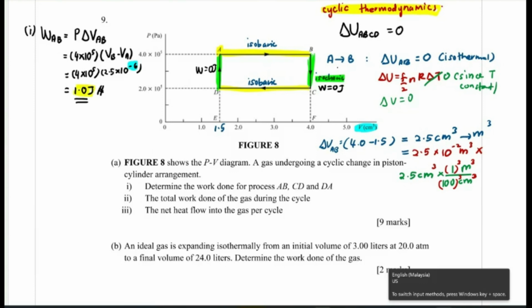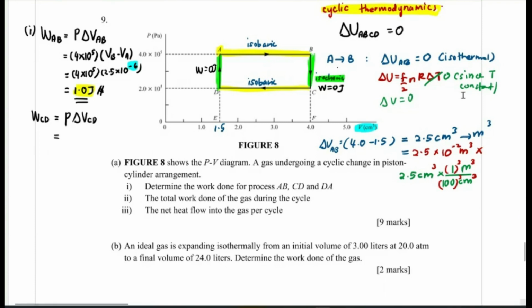And then we want to calculate for WCD. Sama juga isobaric. So pressure times VCD. Okay, awak tengok balik dekat sini. CD, D is the final volume. C is the initial volume. Okay, so final minus initial. So VD minus VC.